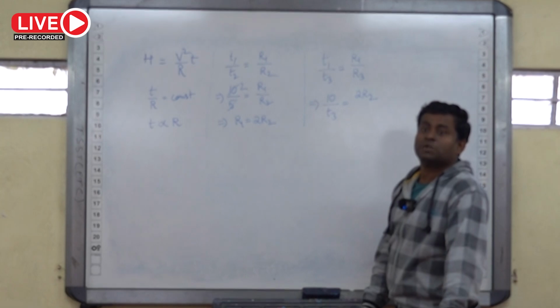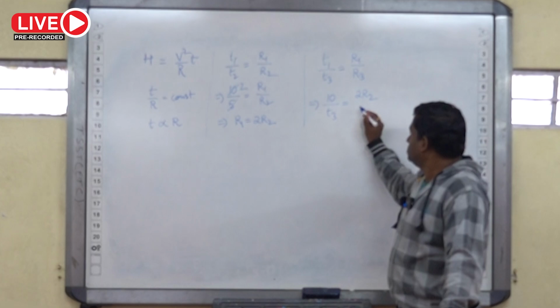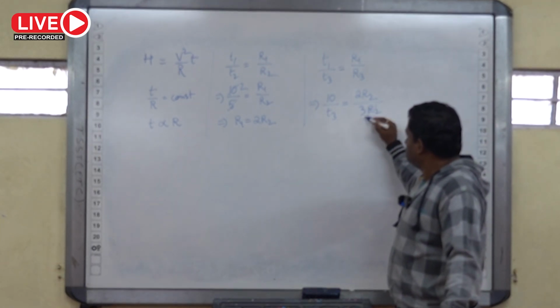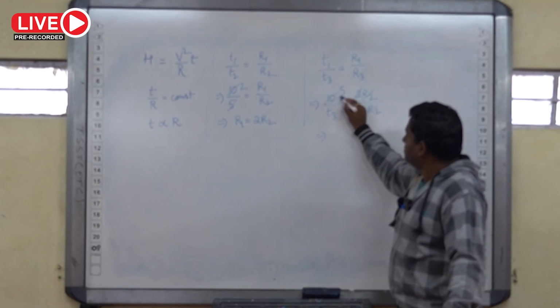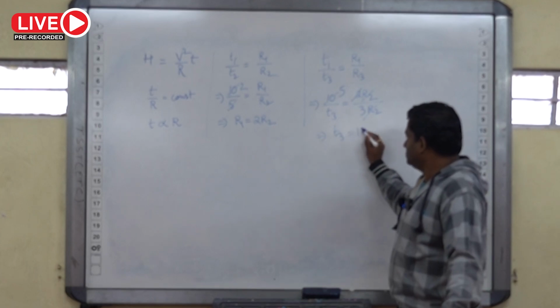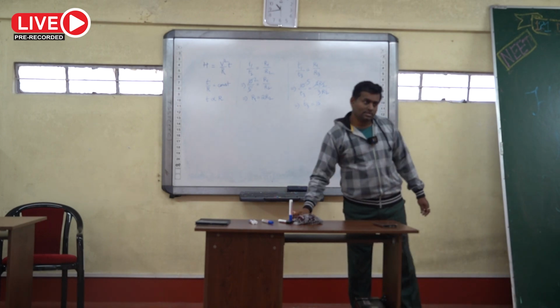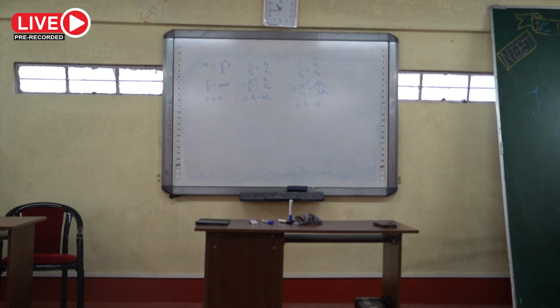R3 is R1 plus R2, that means 2R2 plus R2, that is 3R2. So T3 is coming 15. Two cases are R1, R2. I consider the third case R3 is the series connection of R1 and R2.